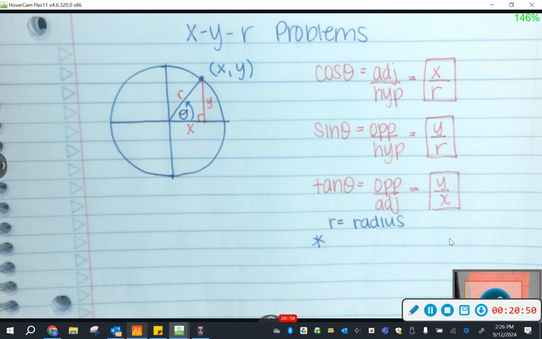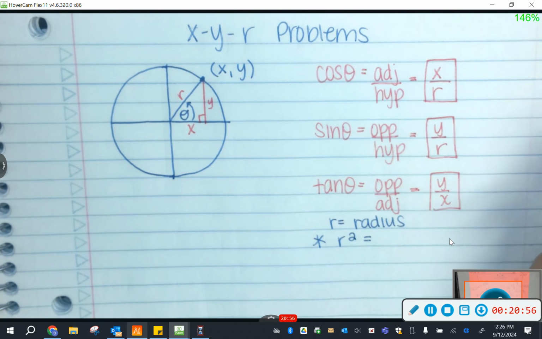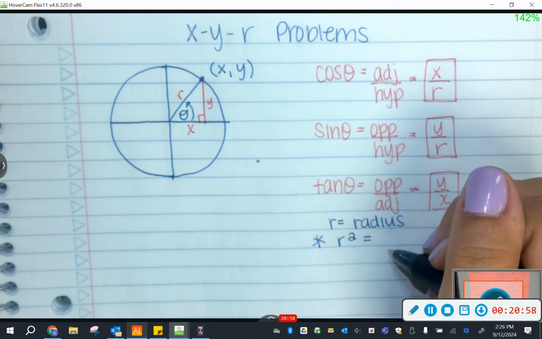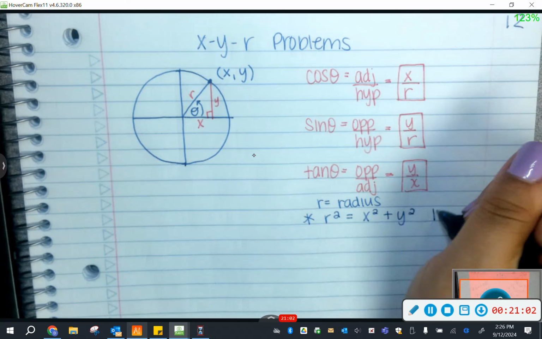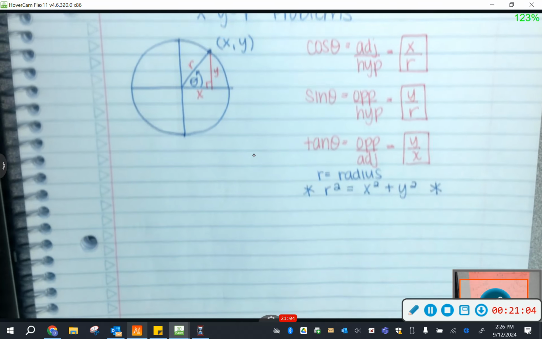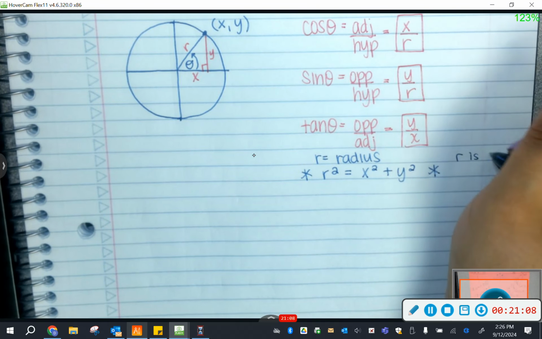Pythagorean theorem. But instead of a squared plus b squared equals c squared, we're going to say r squared equals what? X squared plus y squared. By the way, r is always positive.